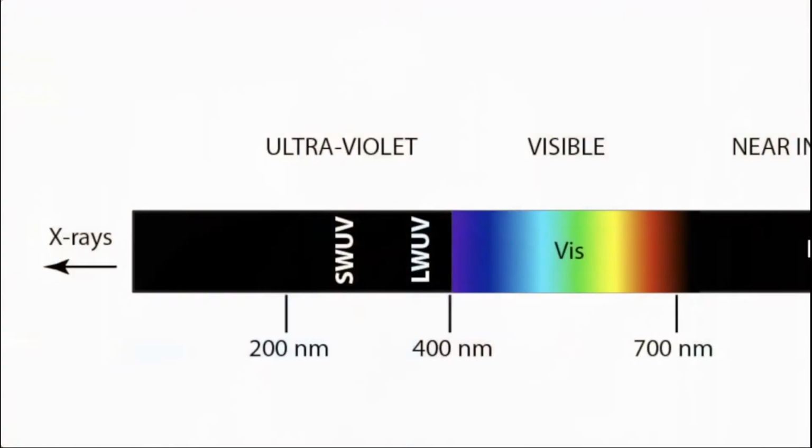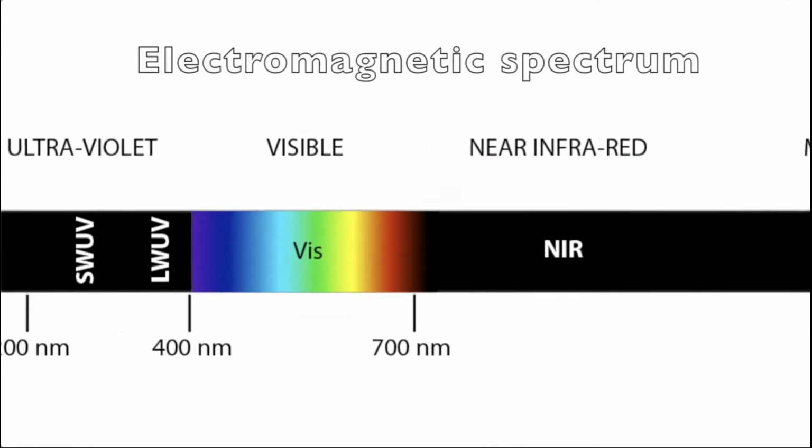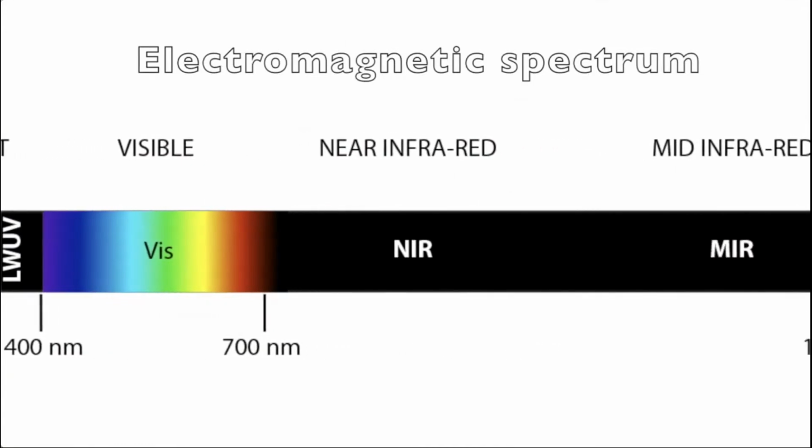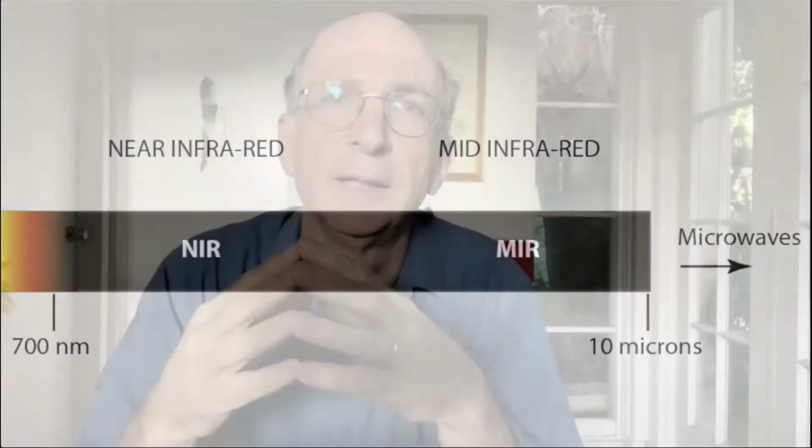And this can happen across the broad spectrum, from the short ultraviolet down at say 200 nanometers all the way up into the infrared, almost at 10 microns. And this is what instruments are designed to do, to detect either those emissions or absorptions that are characteristic of the defects of interest.